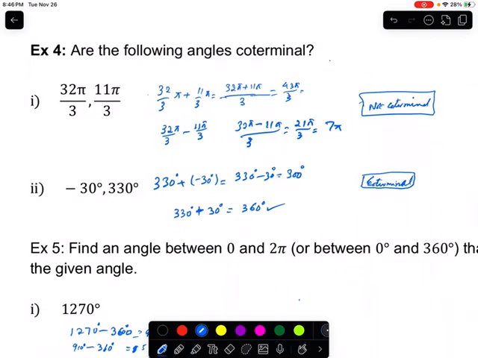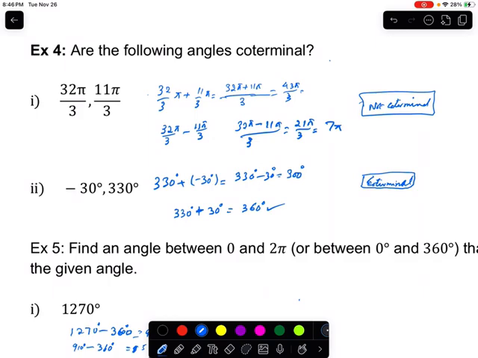So let's look at an example. We are given these two angles. First, let's just add. When I add them, I get 43 pi over 3. Now, 43 is not divisible by 3, so we cannot do anything, but this shows us that the angle is not a multiple of 2 pi.